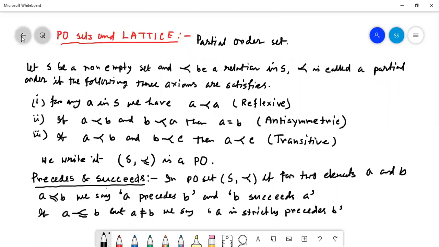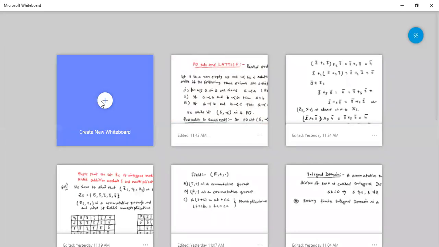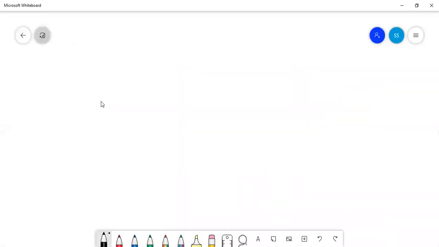Now we are going for another definition of PO set: comparable and non-comparable elements in a PO set.